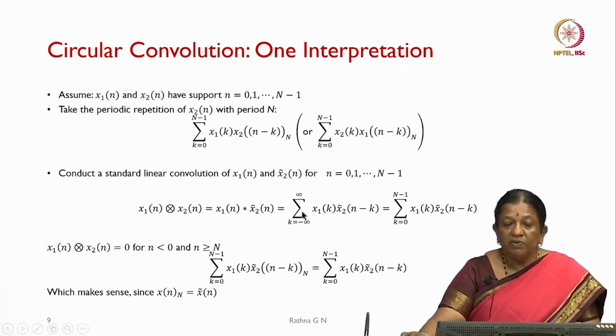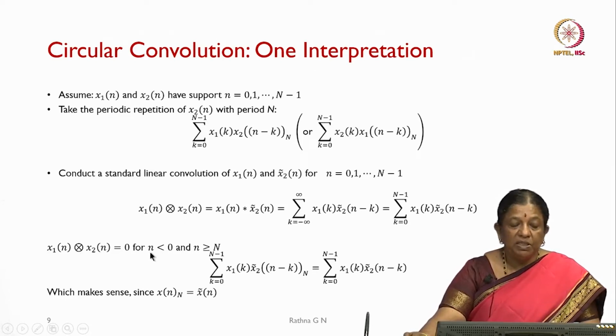This is the equation. The sum runs from minus infinity to infinity, so we cannot compute it in hardware. It is reduced to k equal to 0 to n minus 1 of x1 of k into x2 tilde of n minus k.